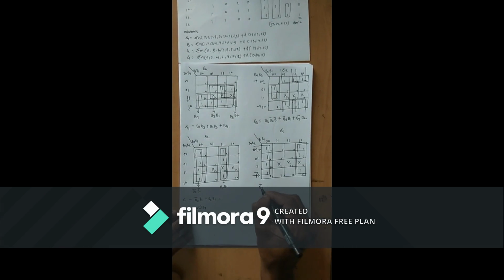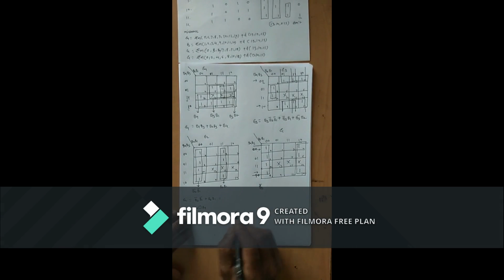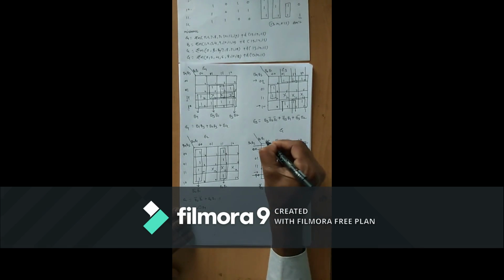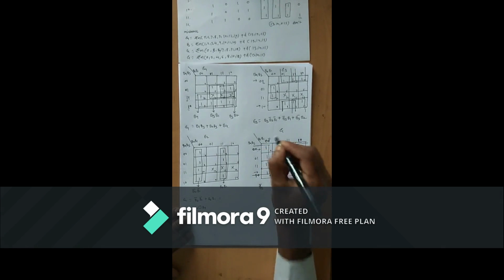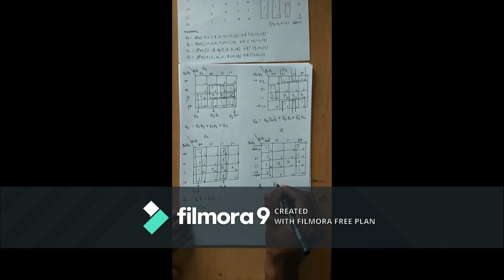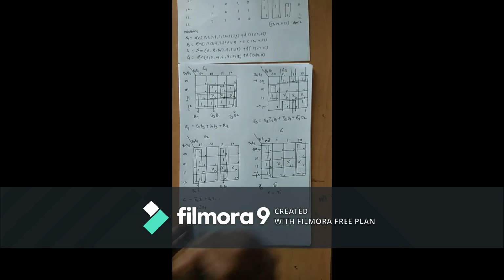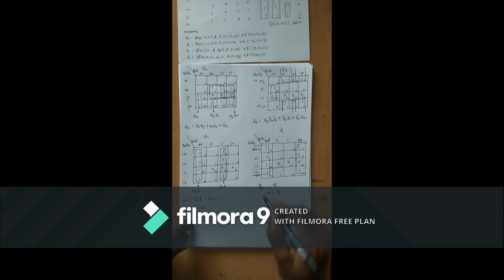After that we can start the grouping. After grouping we can find the common terms, and from these two columns B1 complement is a common term, so E1 is equal to B1 complement. No common term comes from the entire rows.